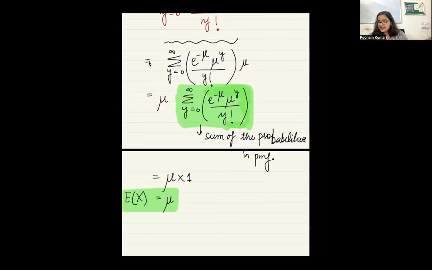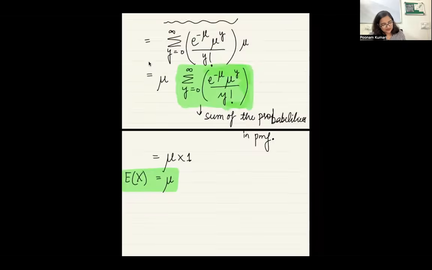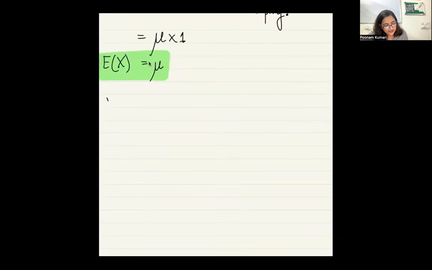So now how will we find variance? How do you find variance? If we want to find variance, what is the formula for variance? I will just need to do this: expected value of x minus mu, entire squared, right?